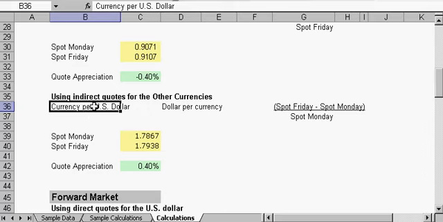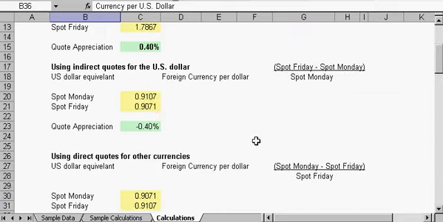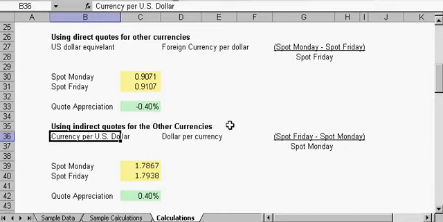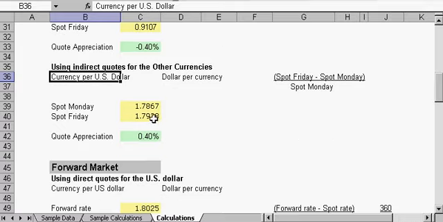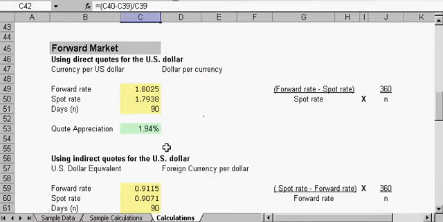Again, we fill in all the fields, and it calculates our percentages. So we have here, using indirect quotes for other countries, we have the currency per US dollar. See how that works out, right? Foreign indirect, currency per US dollar. We fill in the fields, and we have our calculation.